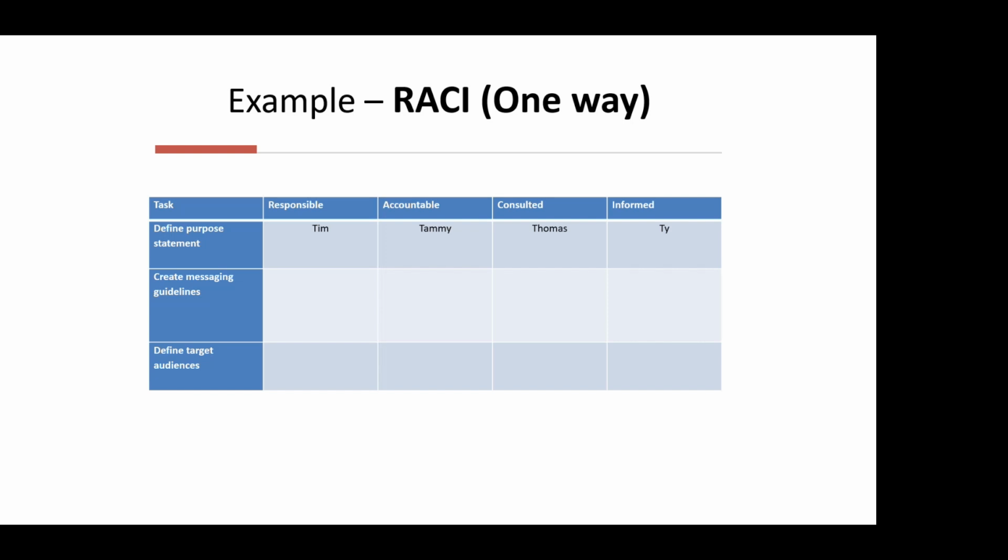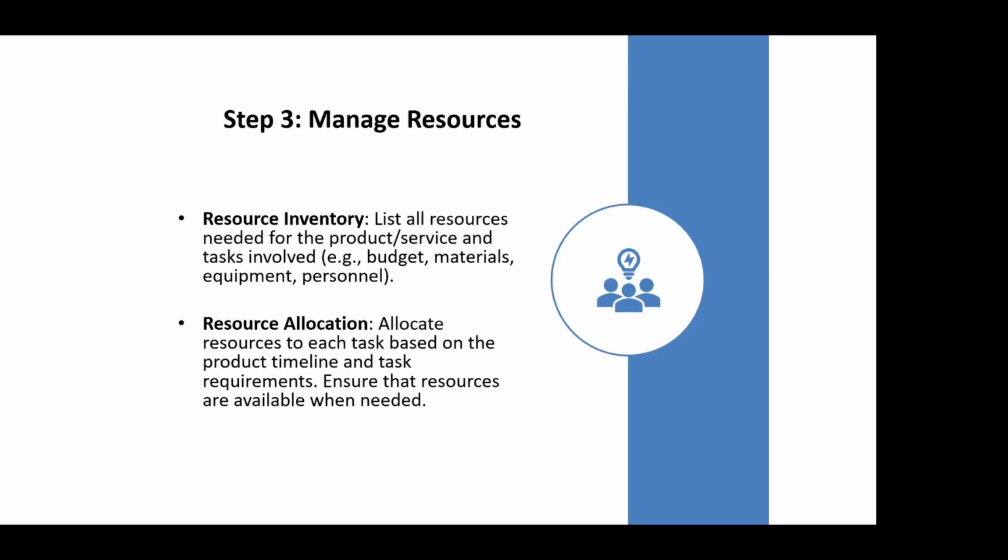Okay, welcome back. We'll get ready to move on to step 3 here. In step 3, we're concerned about managing our resources. These are basic steps, but it's a good idea to write down all of the resources necessary for the product or service and the tasks involved.